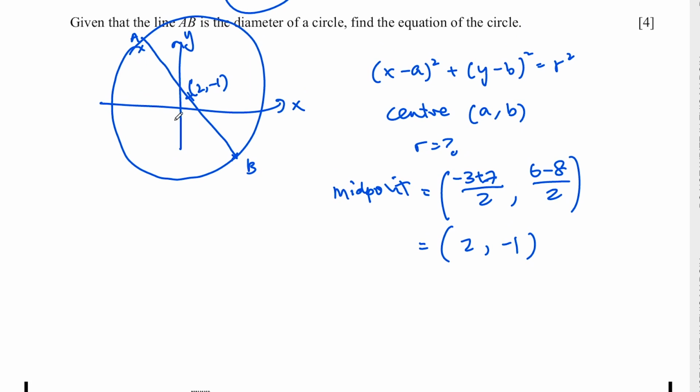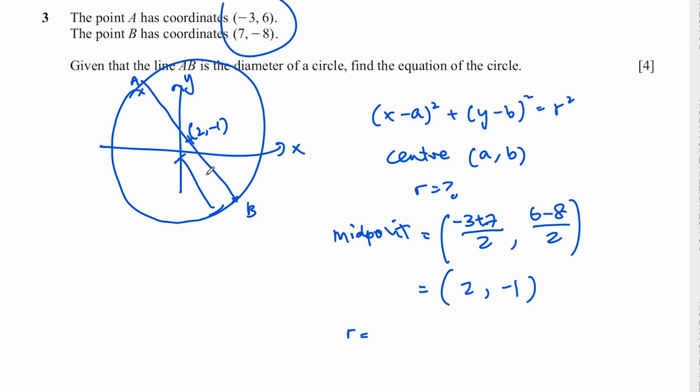Okay, so now we want to find the radius, and we can do that by using the Pythagoras theorem. You can use either point A or point B. It doesn't really matter because they are the same distance anyway, from the center to the circumference, that will be the radius.